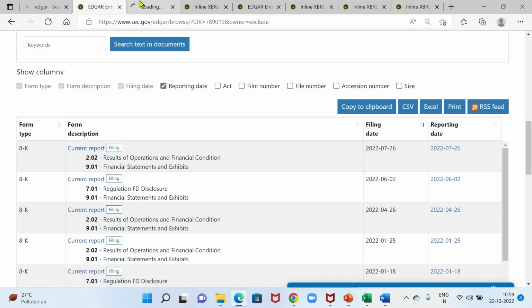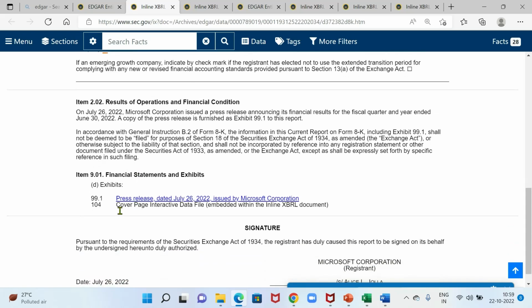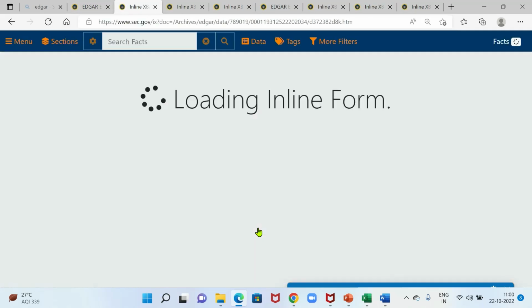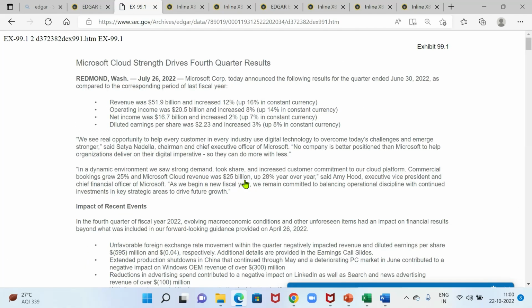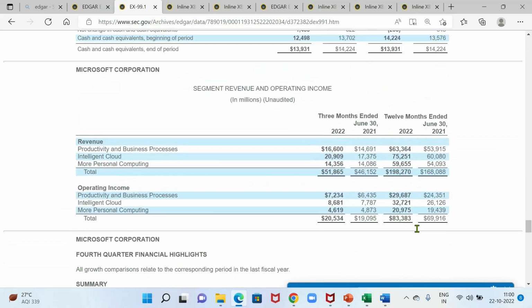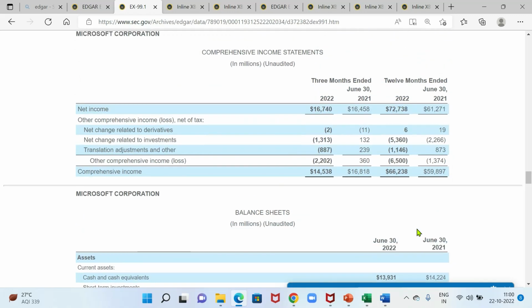So what's an 8-K report? 8-K is an interim report, unaudited. No, it is not. We are audited.